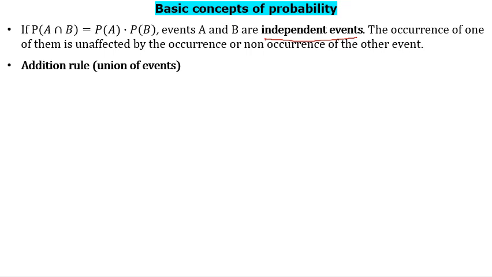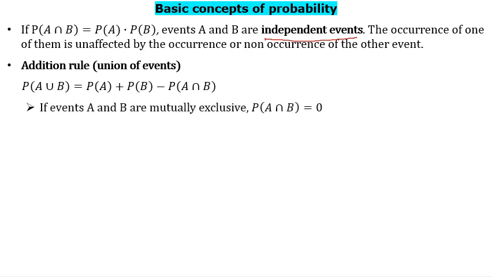Addition rule, union of events: P(A union B) equals P(A) plus P(B) minus P(A and B). If event A and B are mutually exclusive, P(A and B) equals 0.